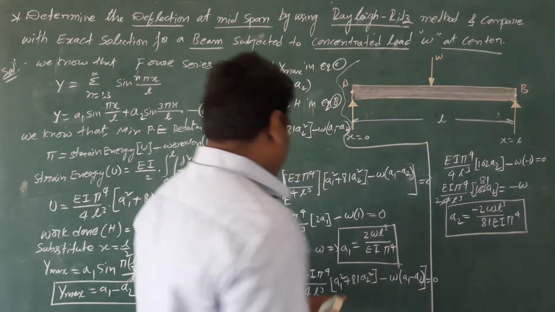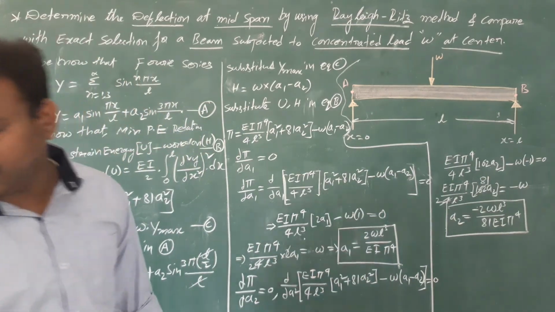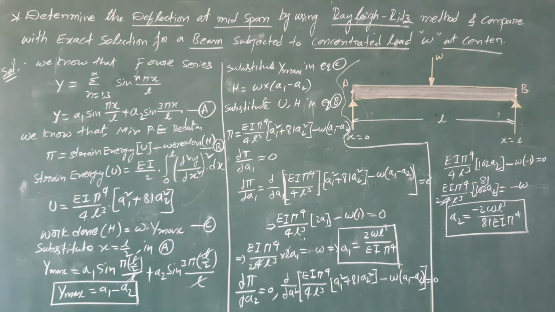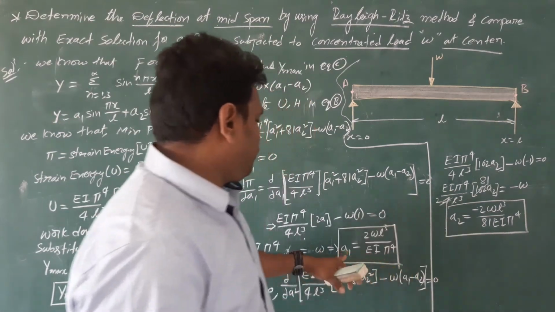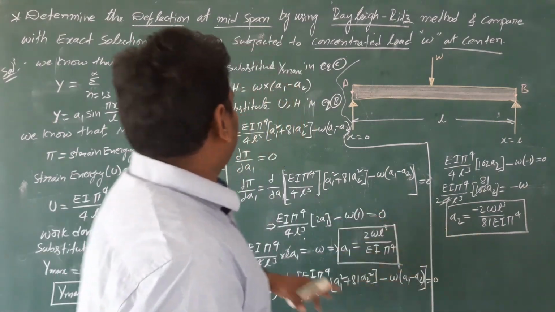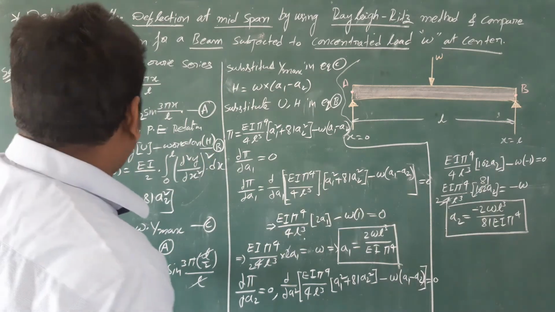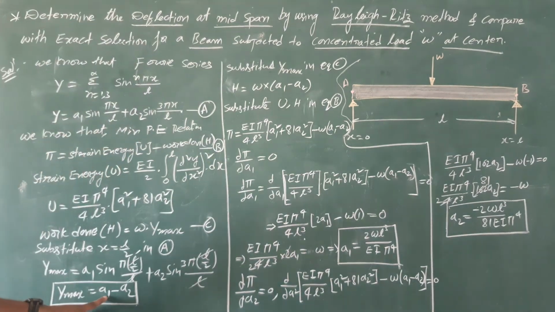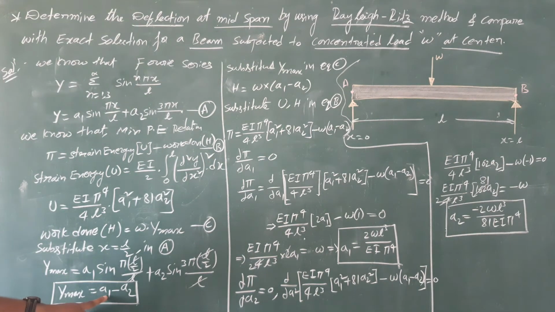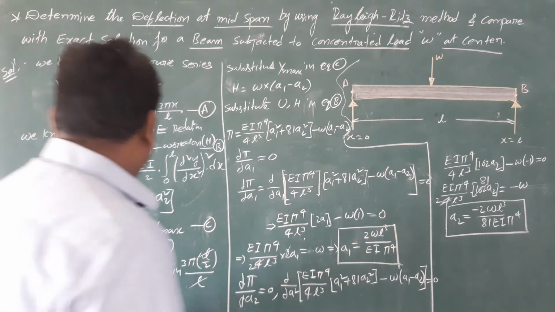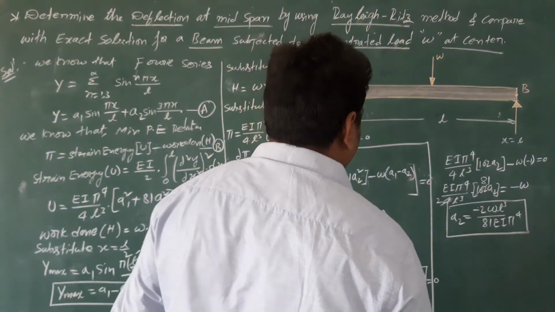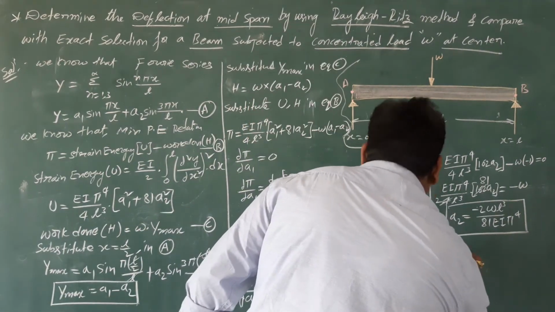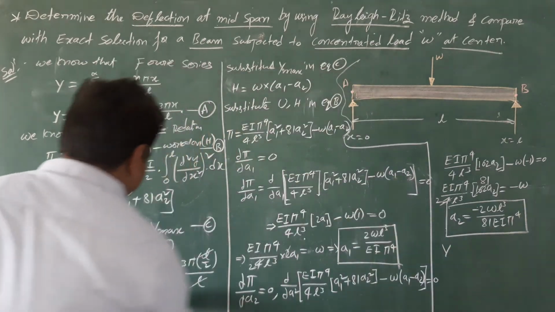So here we already got the a1 value and now we have the a2 value. Substitute this a1 and a2 value in our Ymax. Ymax, we know that, then we will get the maximum deflection easily. Ymax, we know that this is equation number 3.